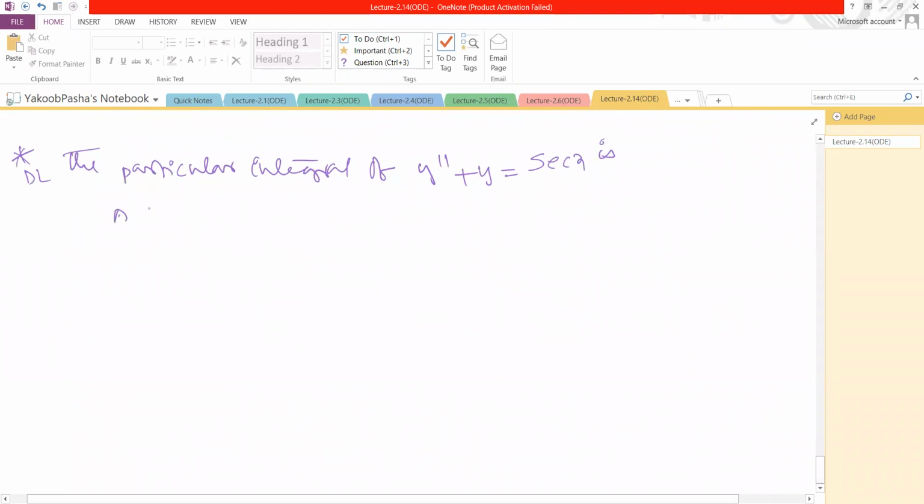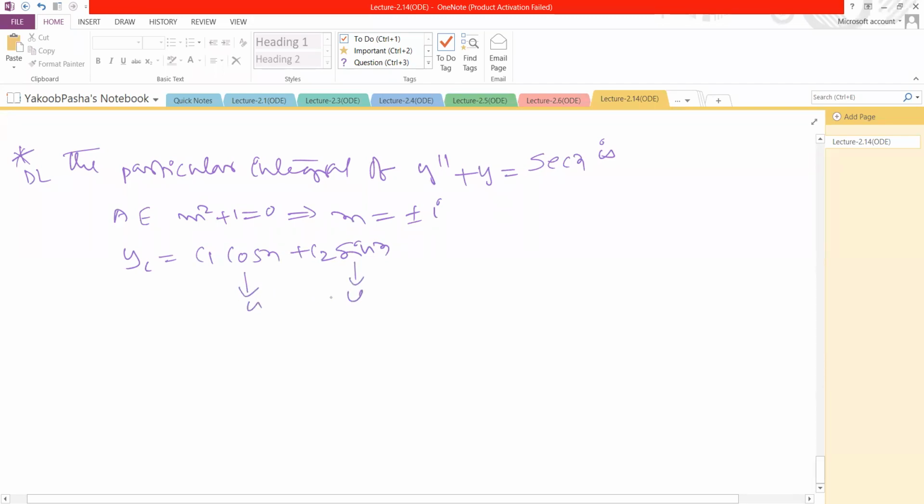First we consider the auxiliary equation, that is m square plus 1 is equal to 0, that is m is equal to plus or minus i. So the complementary function yc is equal to c1 cos x plus c2 sin x. Now this is nothing but u and this is nothing but v.